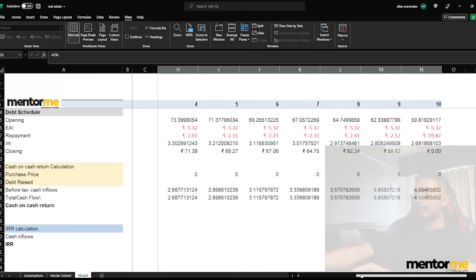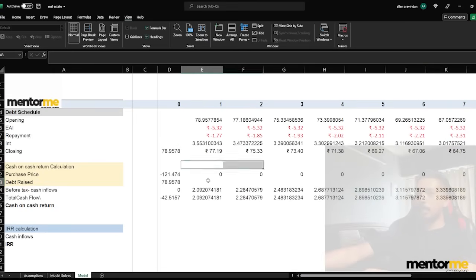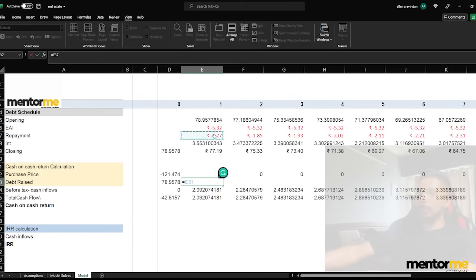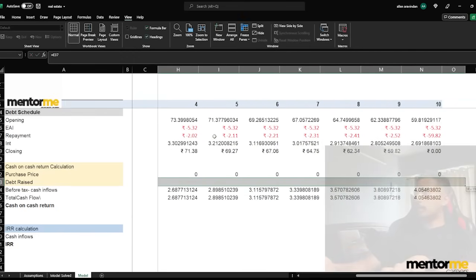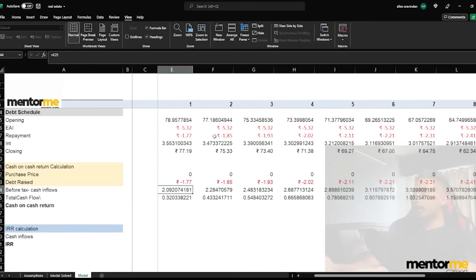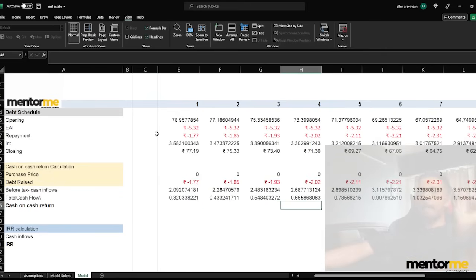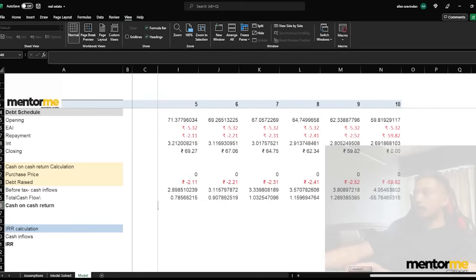And from the next section onwards, in the debt raised and repaid, we will also link the debt repayment which has happened. So there you go, that's the debt repayment. Now remember that at year 10 we would like to sell the property. So in the same place where we put the purchase price, now we're going to put the selling price.